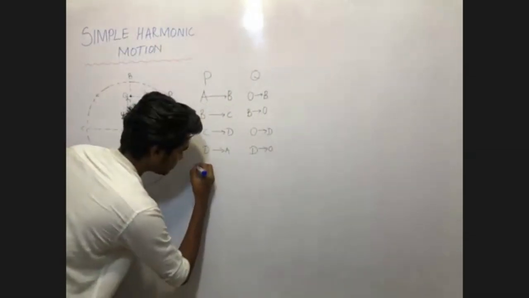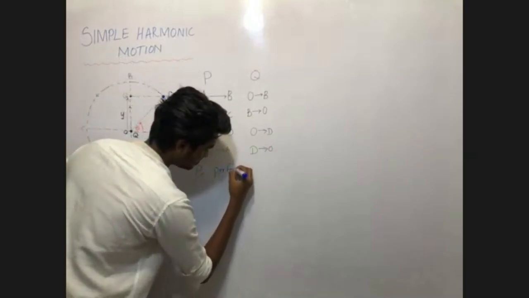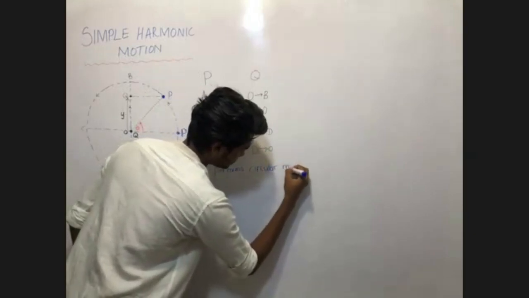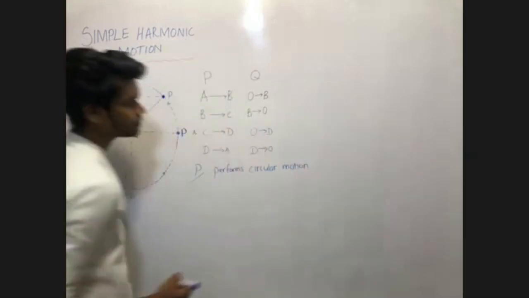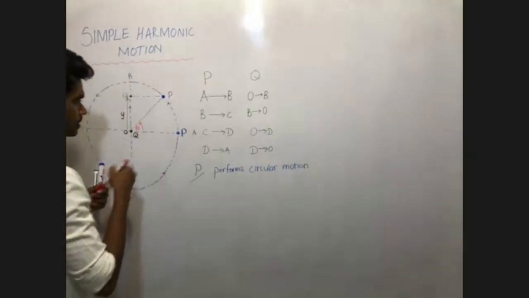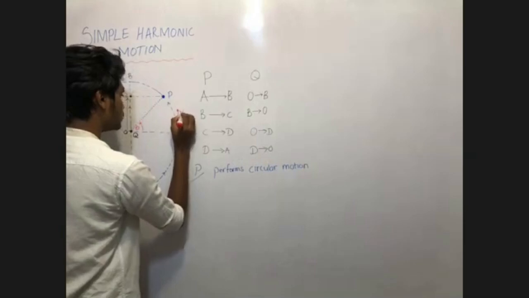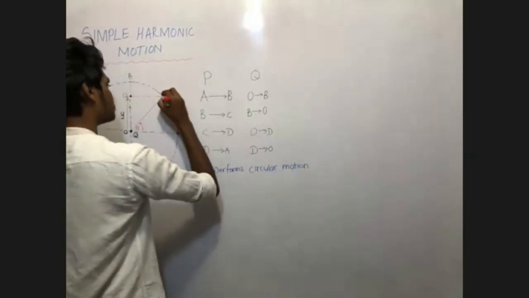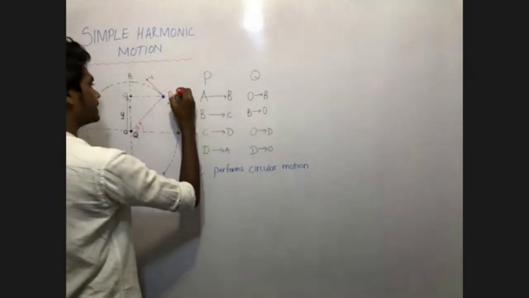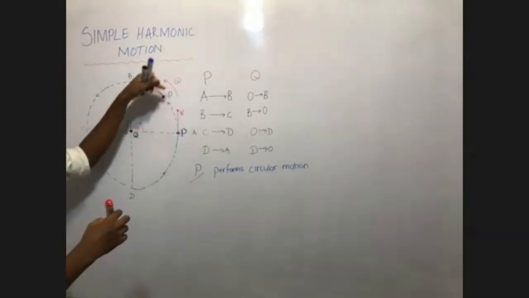Right. So just the basics. P performs circular motion. So this will be the tangential velocity V, and angular velocity omega.